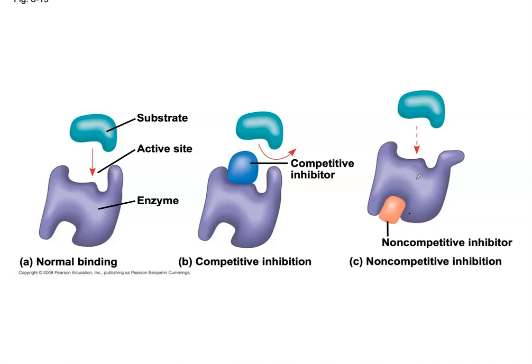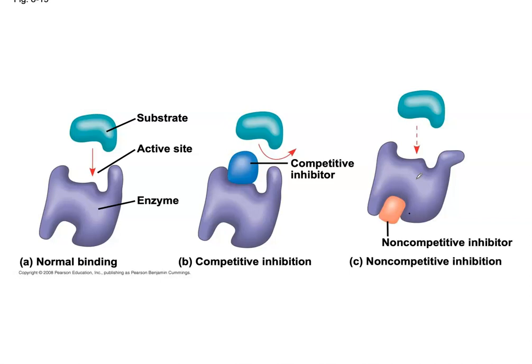Every time we use the word conformation, we are talking about shape. It changes the shape of the active site itself. Since the shape of the active site has changed, the substrate cannot attach to it unless something removes that non-competitive inhibitor.